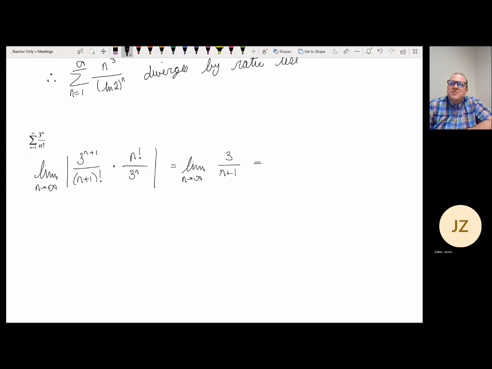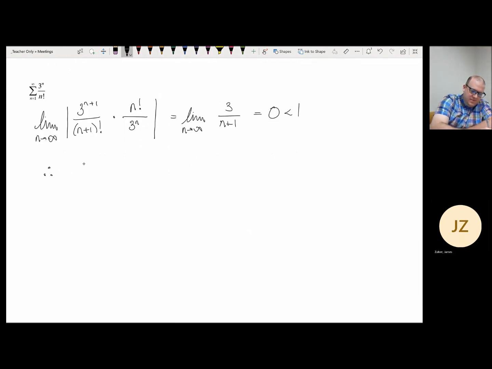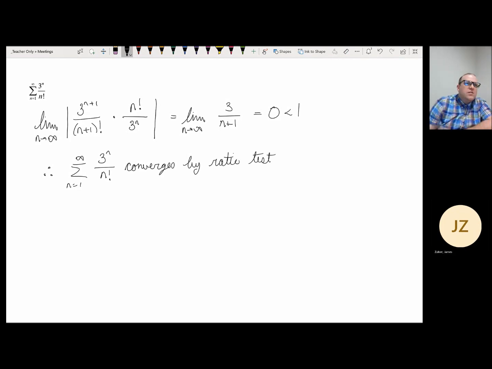And what is that limit? Which is most certainly less than 1. So we have convergence by the ratio test.